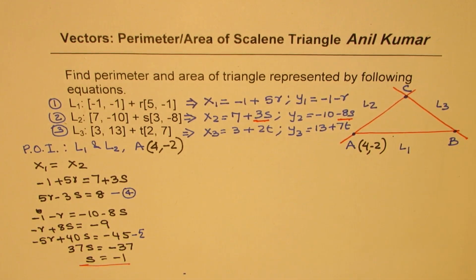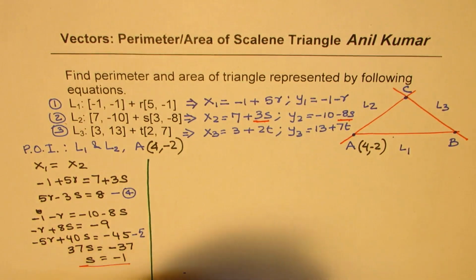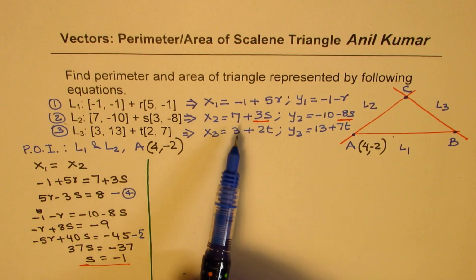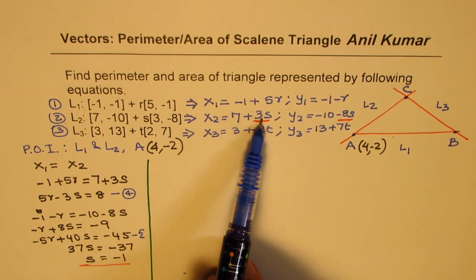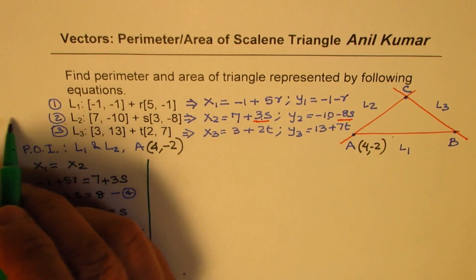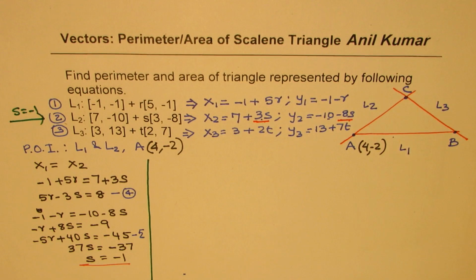I'm just trying to squeeze in the solution here, since it is going to take a lot of room. So what we did was, we substituted s equals minus 1 in this second equation, and got our solution.